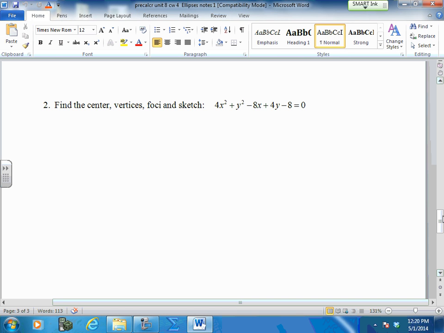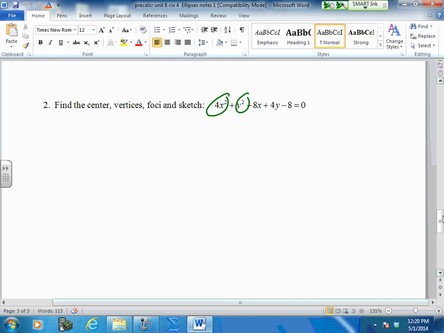Now, I have to find the center, the vertices, the foci, and sketch this ellipse. First of all, what tells me it's an ellipse? X squared, y squared, good. X squared, y squared, and the fact that the numbers in front of them are different will tell me that it's an ellipse.